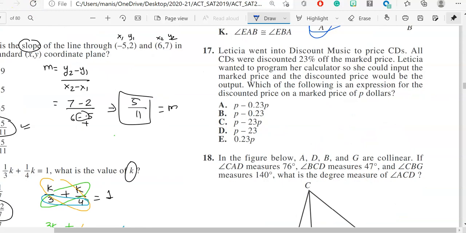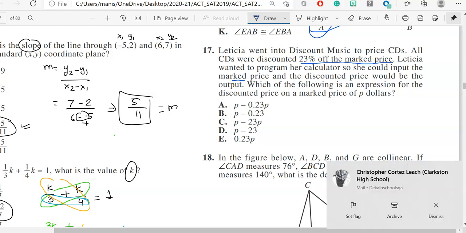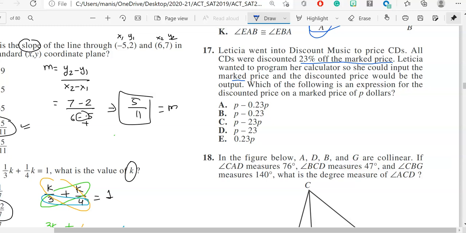Letitia went into a discount music store to price CDs. All CDs were discounted 23% of the marked price. Letitia wanted to program her calculator so she can input the marked price and the discounted price would be the output. Which of the following is an expression of the discounted price on a marked price of P dollars?